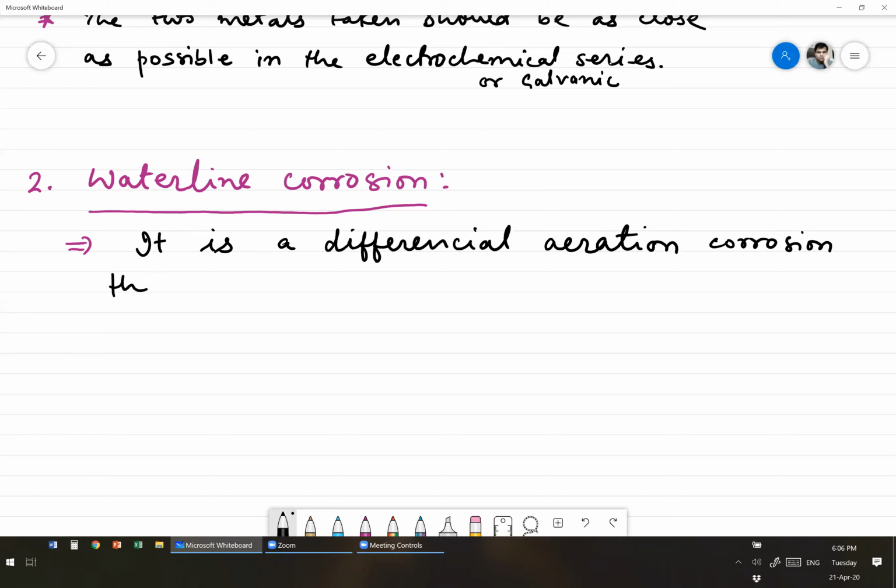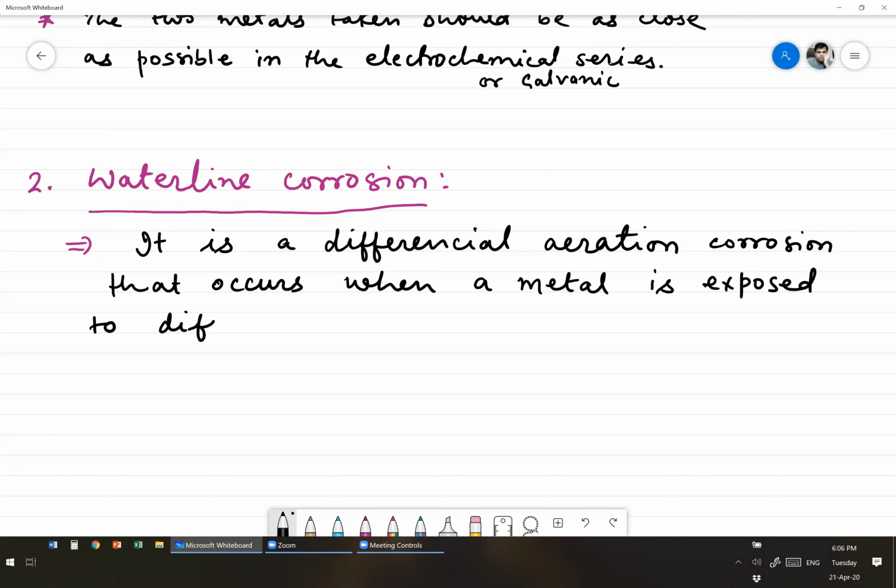It is a differential aeration corrosion that occurs when a metal is exposed to different aeration conditions.